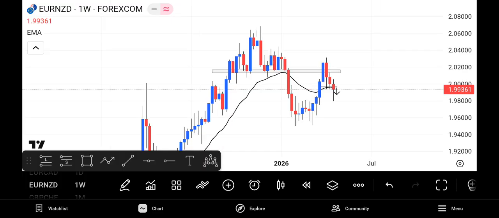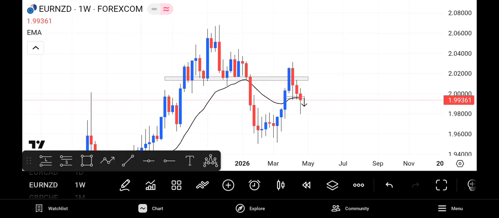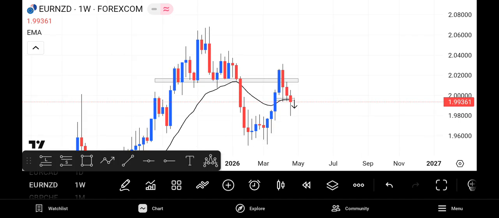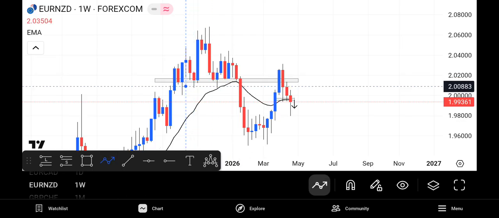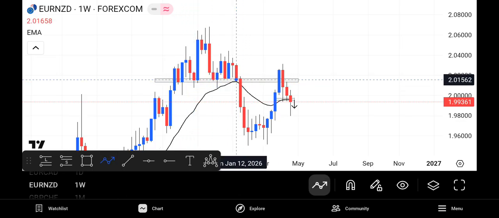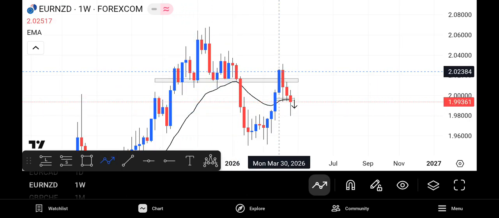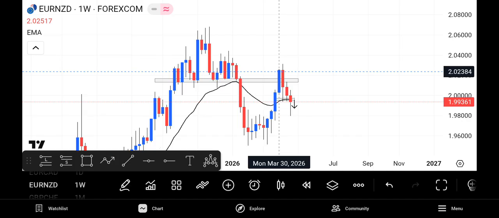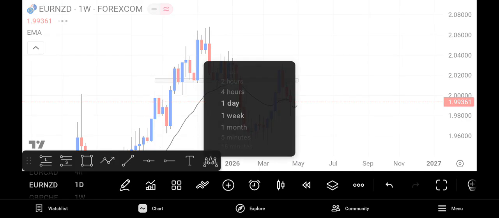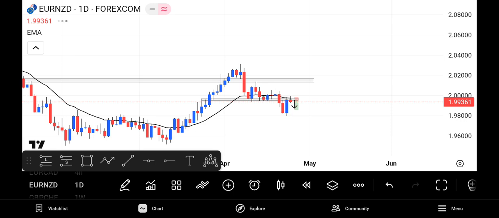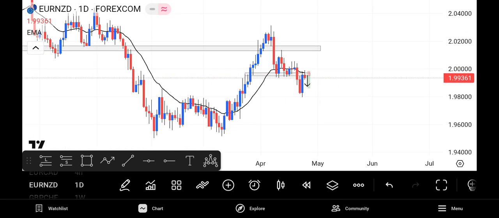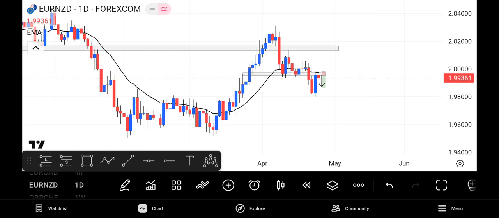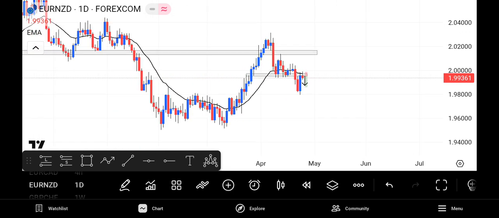On Euro NZD we also have something somewhat similar to Euro CAD, I think. You can see Euro NZD on the weekly time frame is bearish. On the daily time frame, it is bullish, but we are seeing some minor rejection.